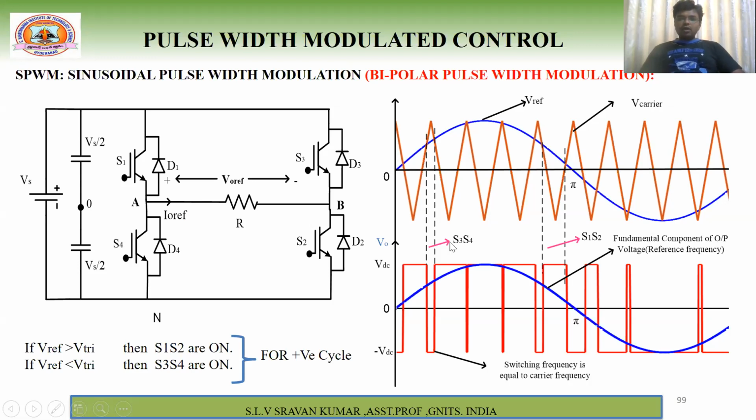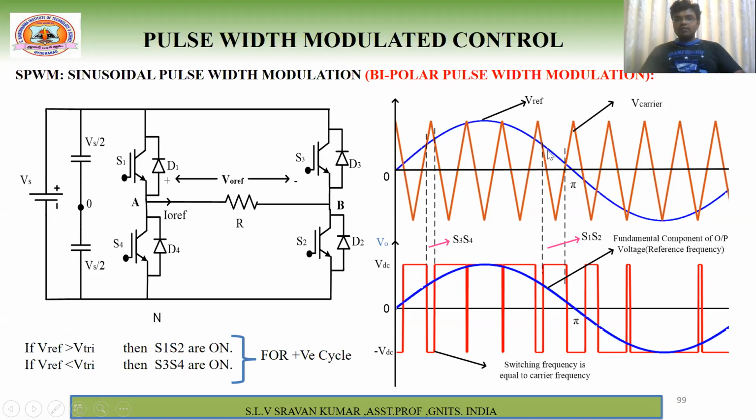Okay. So now, what is the logic to generate the pulses for S1 and S2 as well as S3 and S4? It's very simple. If V reference is greater than V triangular or V carrier, both are the same, just consider anything. So if V reference wave is greater than V carrier wave, now look at this point here.